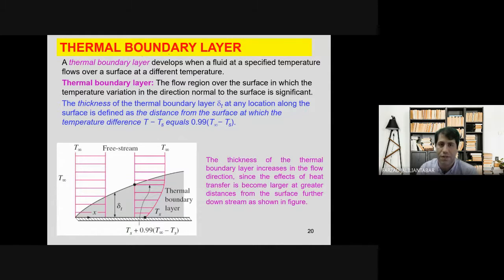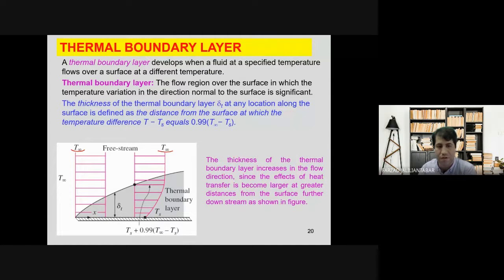How about the thermal boundary layer? Similar to what we had for the velocity boundary layer, when the fluid reaches a surface and we have a temperature difference between the fluid and the surface, then like velocity, if we have a uniform temperature for the fluid when it approaches the edge of that plate, after the movement of the fluid on the surface, the temperature of the layers of the fluid will be different.